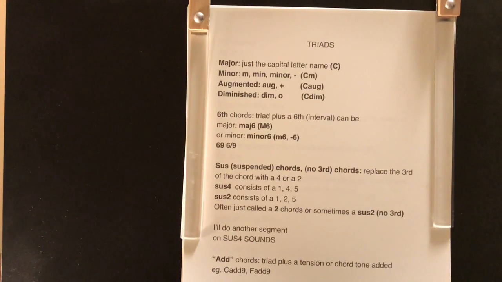Then you've got the sixth chords, major 6, minor 6, and you've got the 6, 9 chords. Sound like that, a little bit more jazzy, but you can spread them out. And then we talked about the sus chords, the sus 2 or 4.